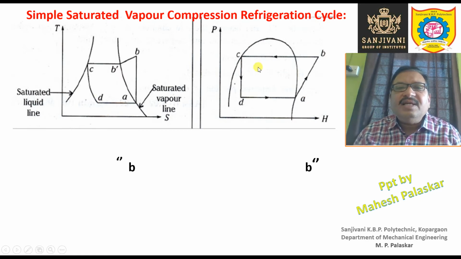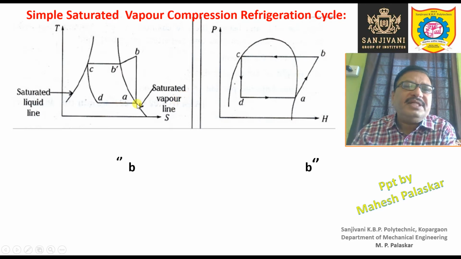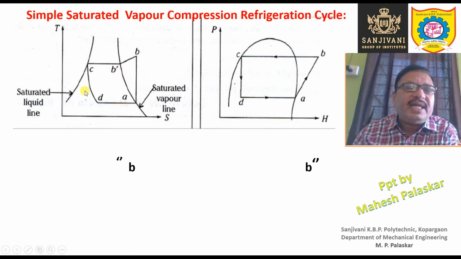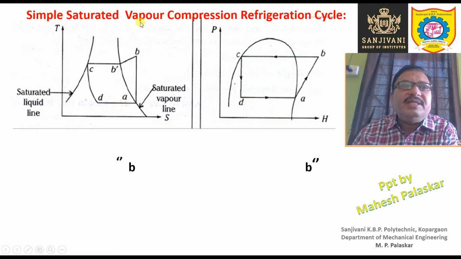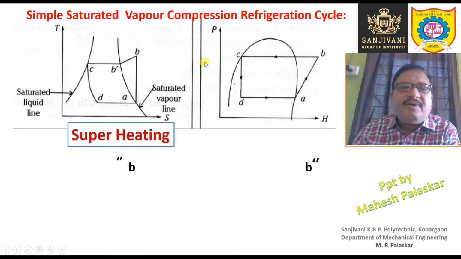First of all, you can see that the point A and point C are lying on the saturation curve. Here also you can see point A lying on the saturated vapor line and point C lying on the saturated liquid line. So this is the pH diagram and this is the TS diagram of the simple saturated vapor compression refrigeration cycle. And now let us see what is the superheating as compared to this cycle.